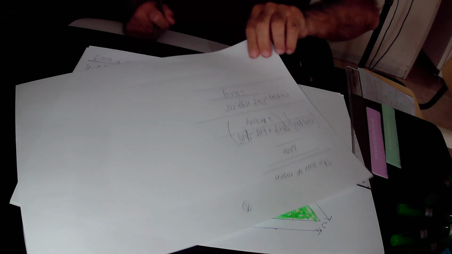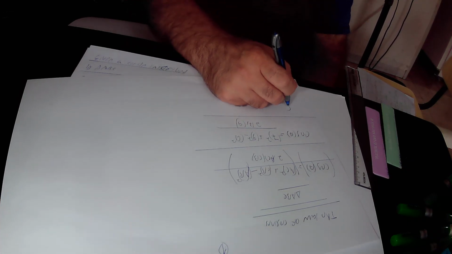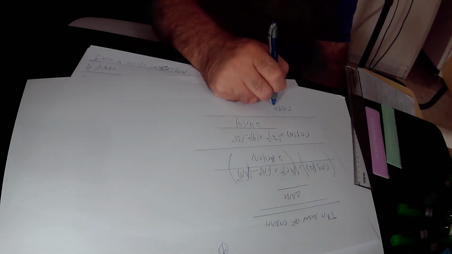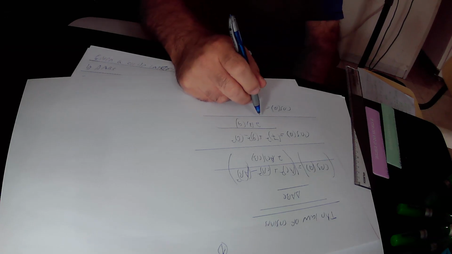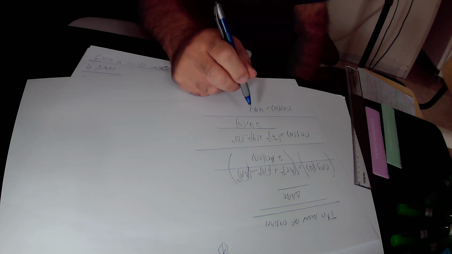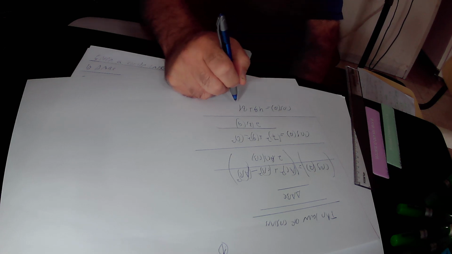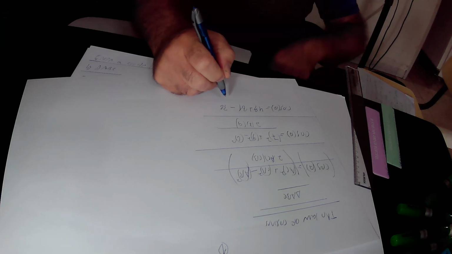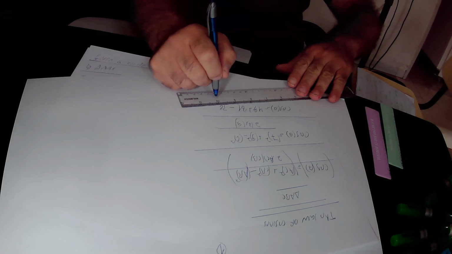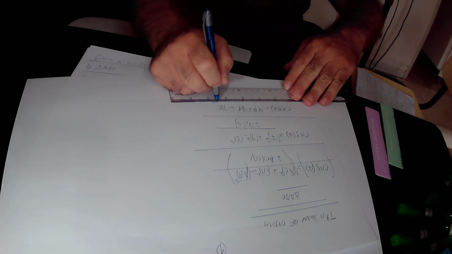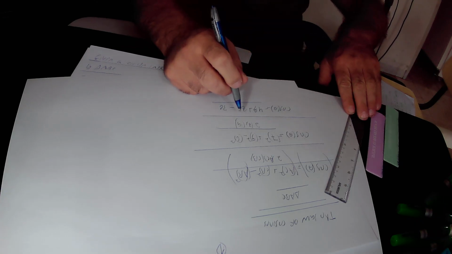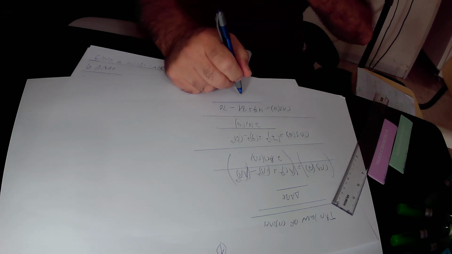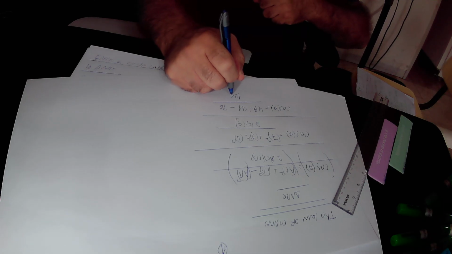So cosine theta equals 7 squared, which is 49, plus 9 squared, which is 81, minus 6 squared, that is 36, over 2 times 7 times 9. 7 times 9 is 63, and 63 times 2 is 126.